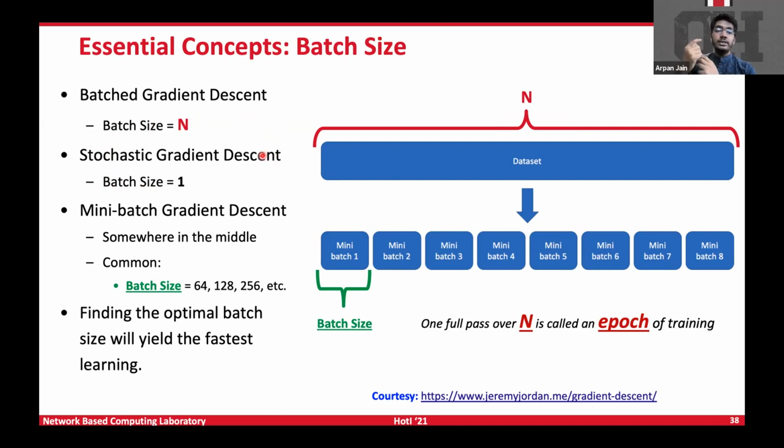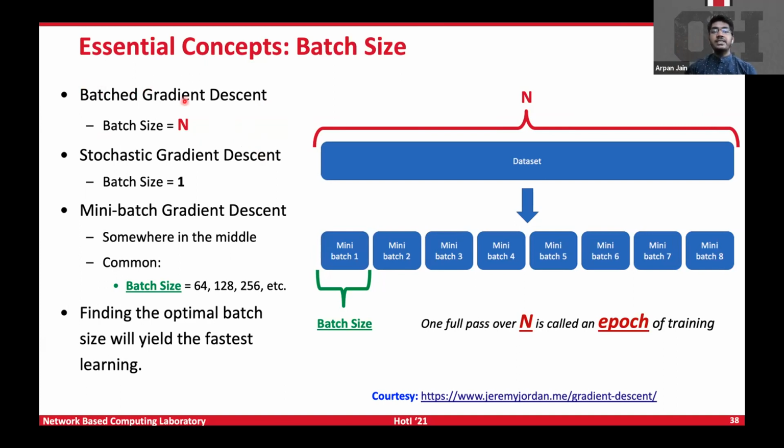Since we are only doing the forward and backward pass on one sample, we are not able to parallelize the code that much. Another reason is the effect on the training. If you do the training based on one sample, there will be a lot of noise, and that will create a jitter in the learning curve.